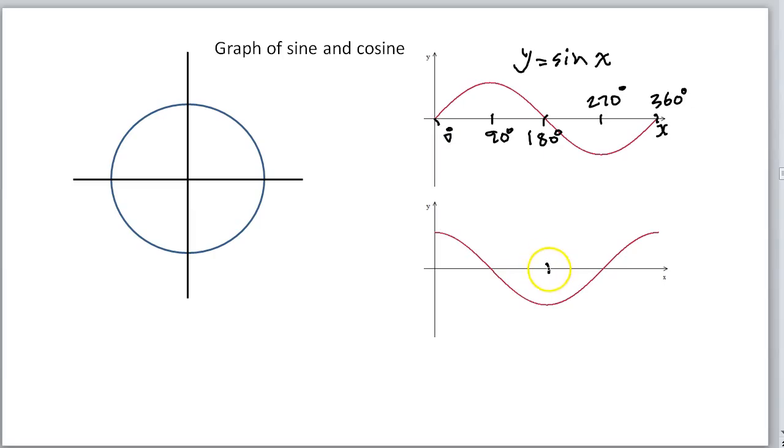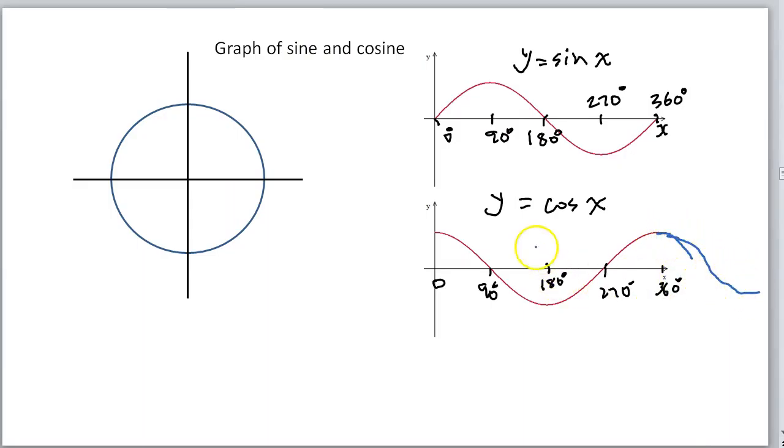Same thing over here. This is the graph of y equals cosine of x. And of course, the cosine too repeats itself every 360 degrees. So if you were to draw the graph after 360 degrees, it would repeat itself, like this, and then over here you'll be also going like that.